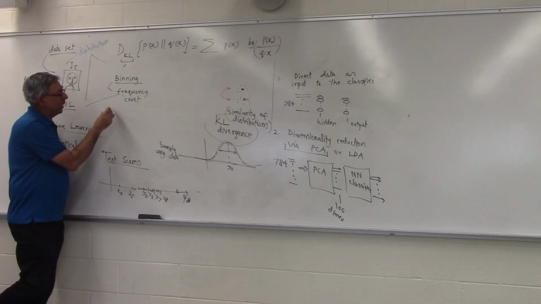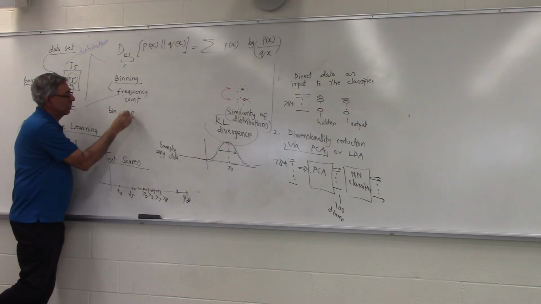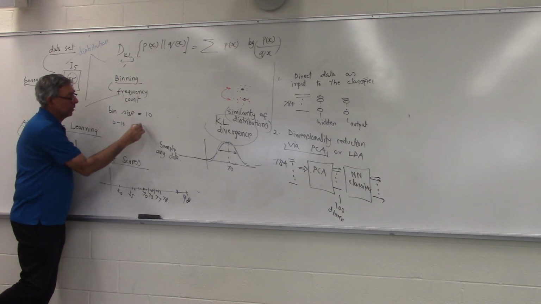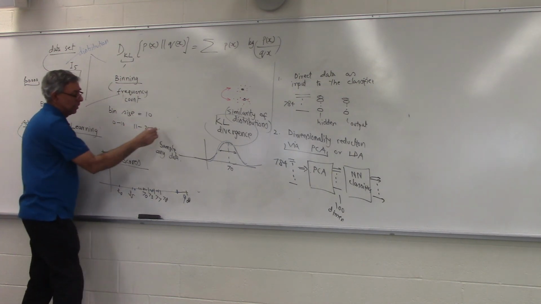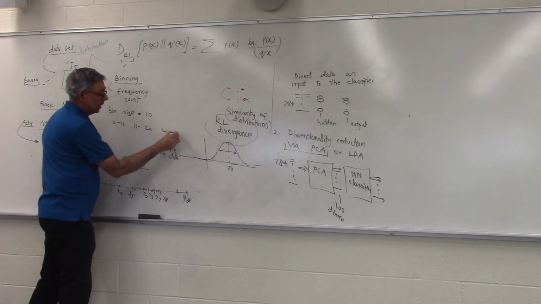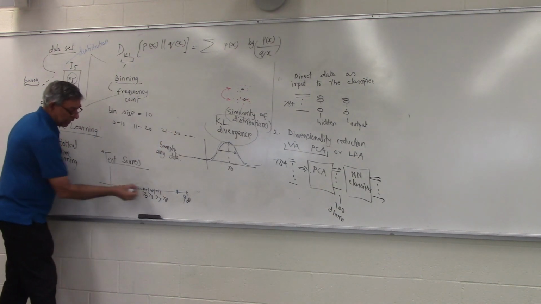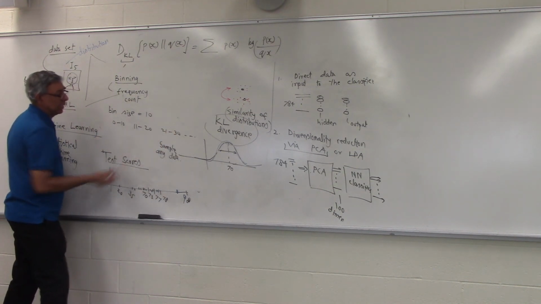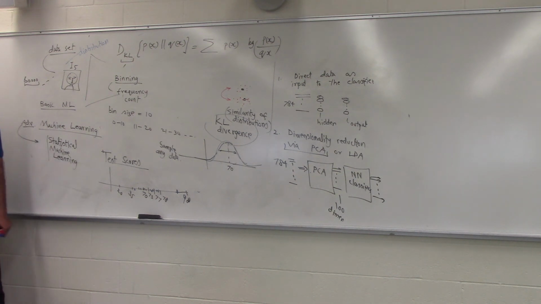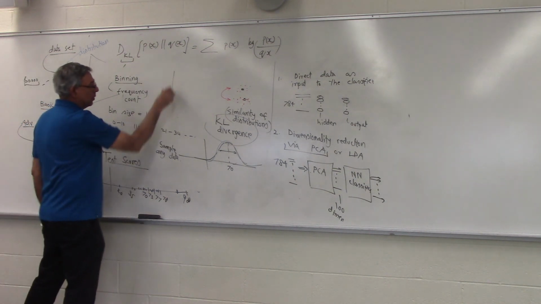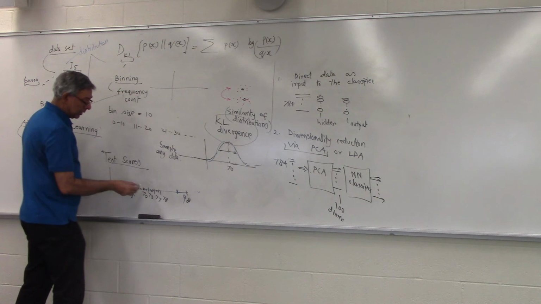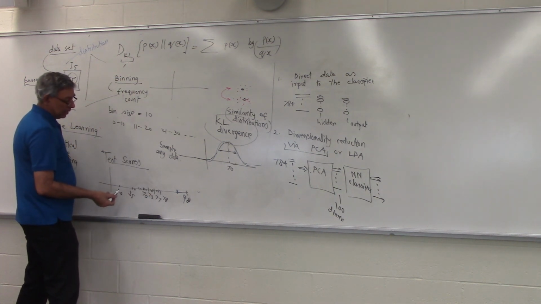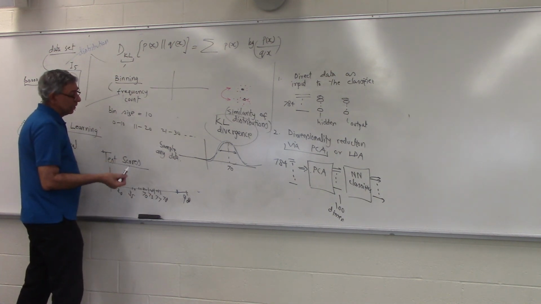So if I picked a bin size of, let's say, 10, meaning 0 to 10, then 11 to 20, then 21 to 30, and I counted how many numbers are appearing within that range, then for test scores, what will you see? Around 70 to 80. It's exactly a histogram.